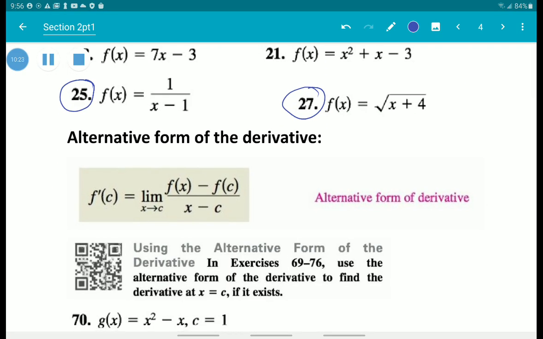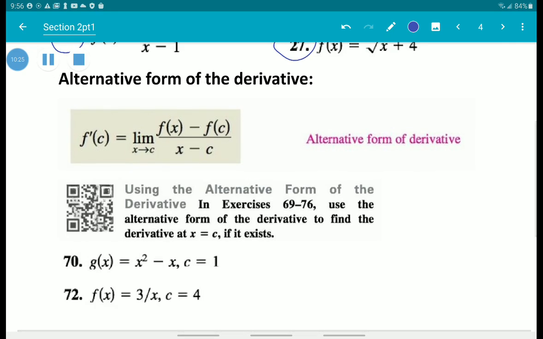Now, every now and then it may be useful to use the alternative form of a derivative. And what this is doing is it's finding the derivative value at a particular point.